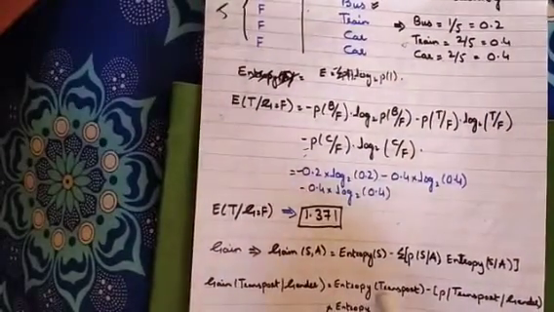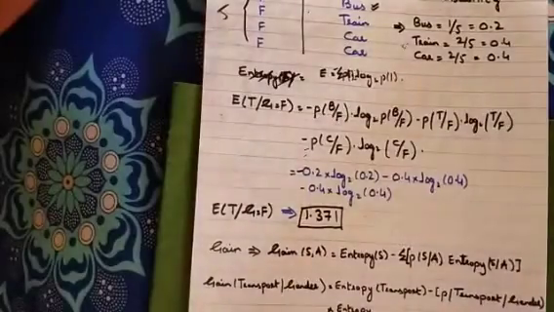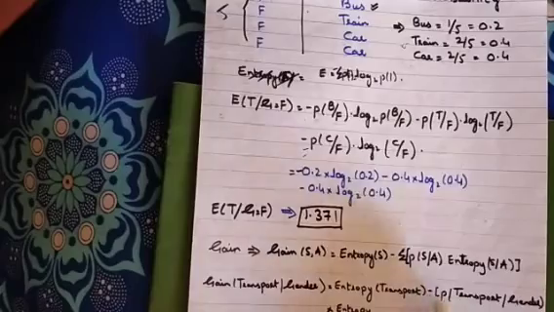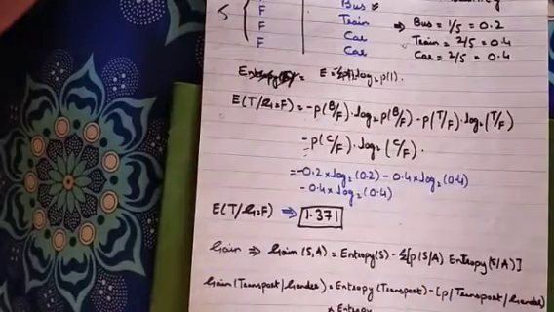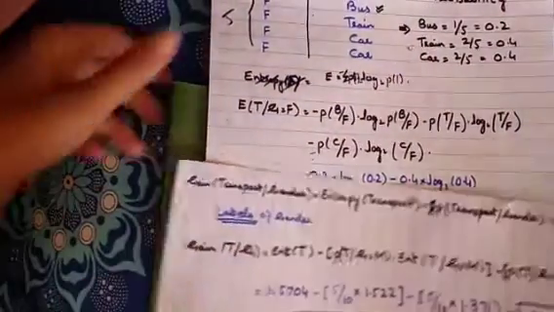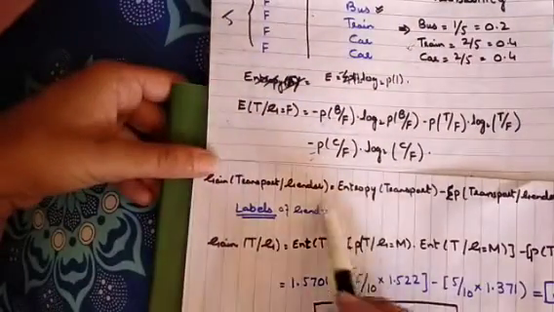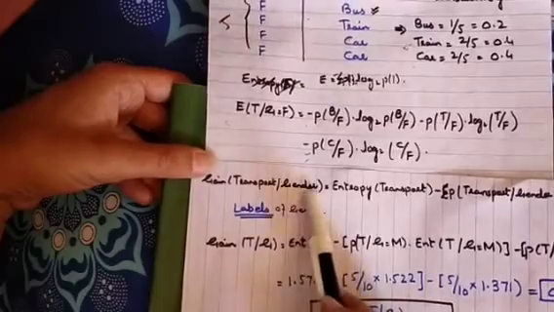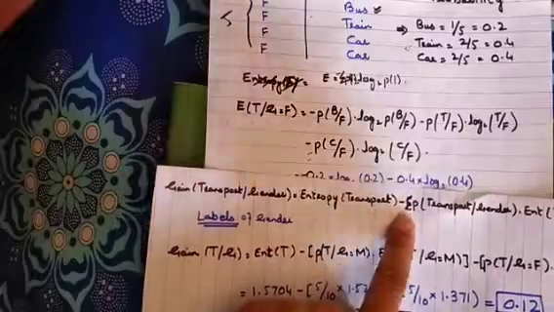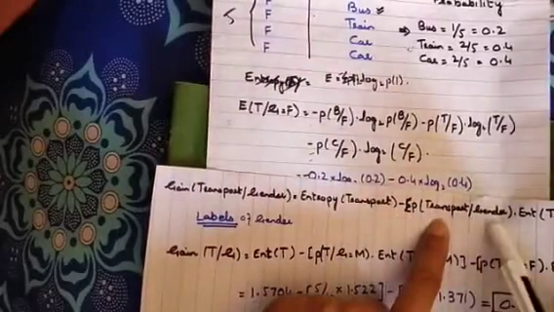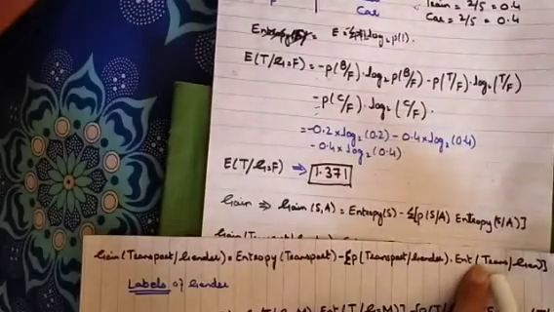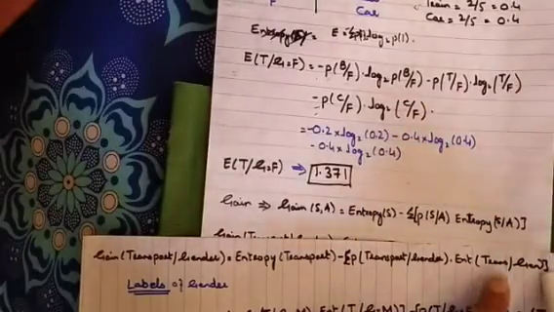So that would be the entropy of transport, जो कि हमने calculate की थी, and then it would be equal to the summation of, just wait please, yes, so I'll continue it over here: gain of transportation given that gender is equal to the entropy of transport minus summation of probability of transport given that gender into entropy of this particular. तो हमारे पास भी यही आ गया, entropy of transport given that gender.